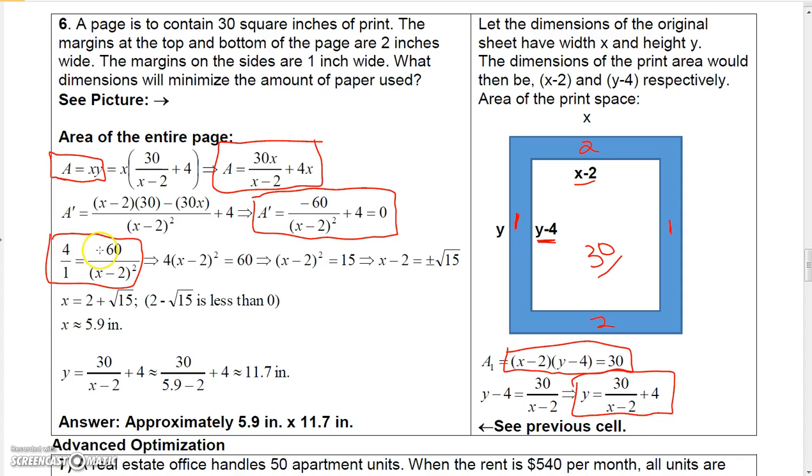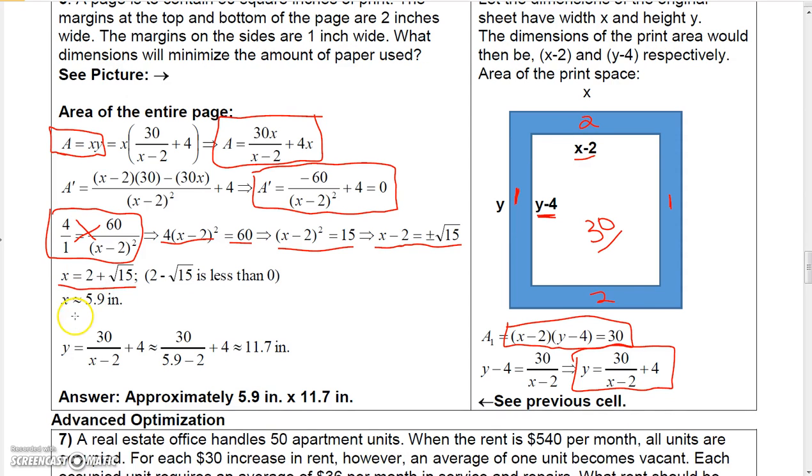Then when you cross multiply, you get 4 times the quantity X minus 2 squared equals 60. Then divide by 4, you get X minus 2 squared equals 15. So X minus 2 equals plus or minus the square root of 15, but the minus square root of 15 doesn't make any sense. So X equals 2 plus the square root of 15 is your answer.